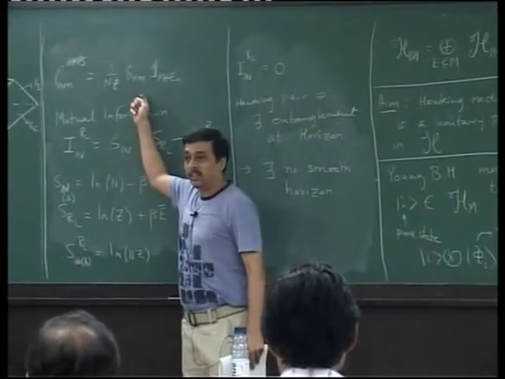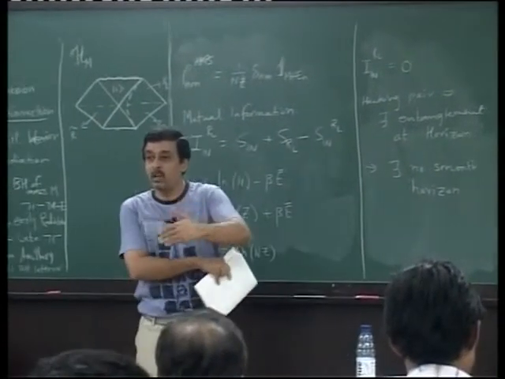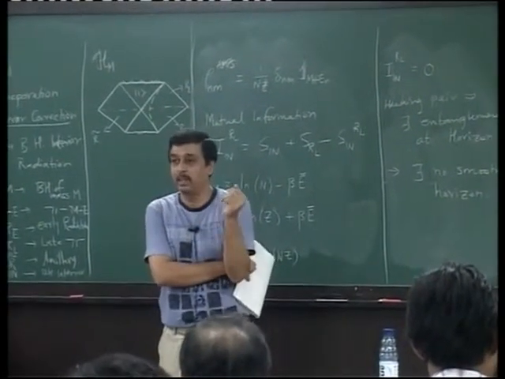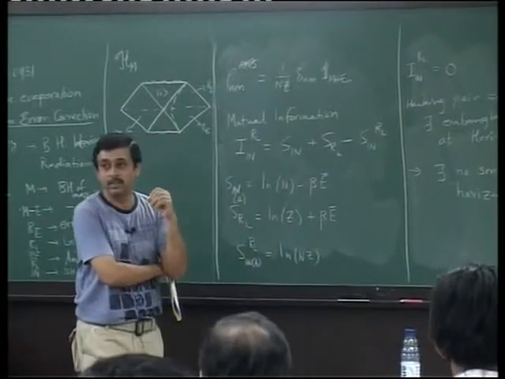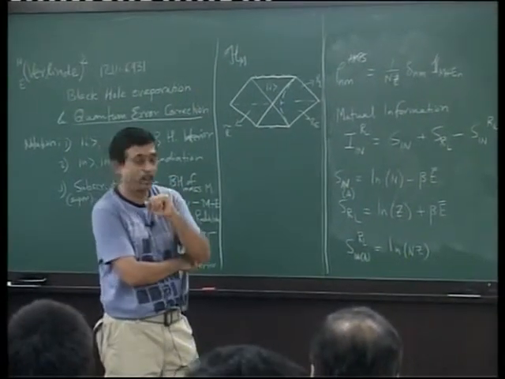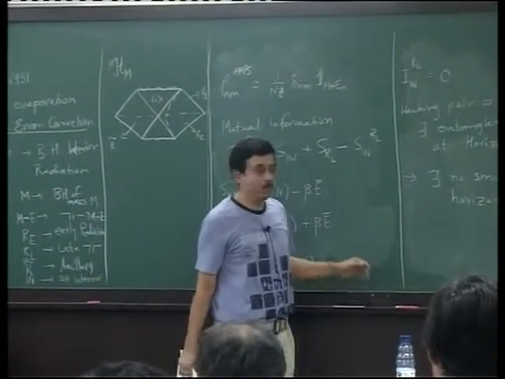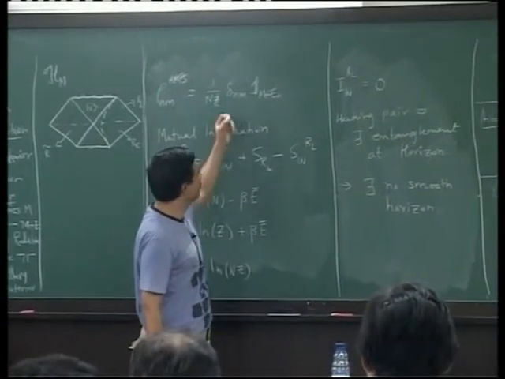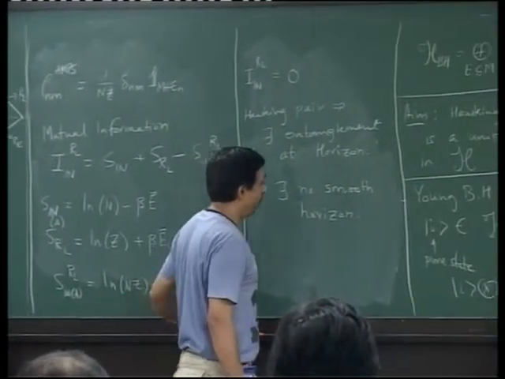Then at every evaporation stage you continue to be in a maximally entangled state with respect to the radiation, which is not correct. So what one could do is to relax this condition and see what it does.